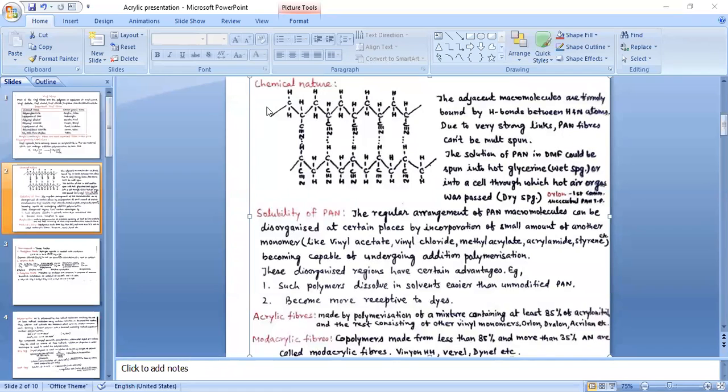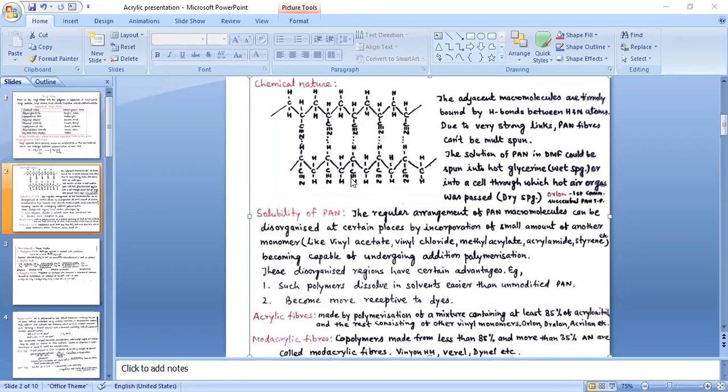Why are we doing this? To achieve these two advantages. One is such polymers dissolve in solvents more easily than unmodified polyacrylonitrile. It means the organized part of polyacrylonitrile cannot be dissolved into the solvent easily.